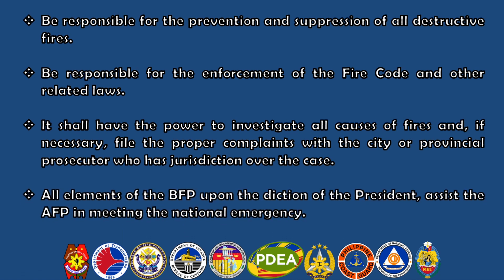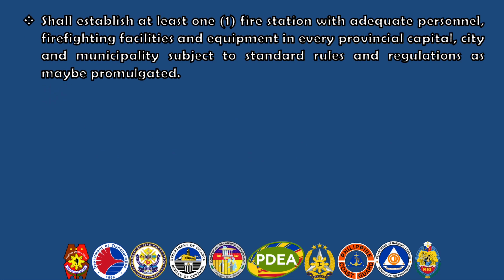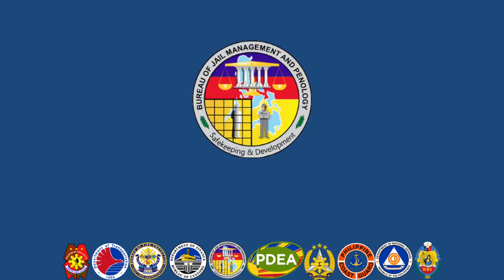All elements of the BFP, upon the direction of the President, assist the AFP in meeting the national emergency. Also, BFP shall establish at least one fire station with adequate personnel, facilities, and equipment in every provincial capital, city, and municipality, subject to the standard rules and regulations as may be promulgated.